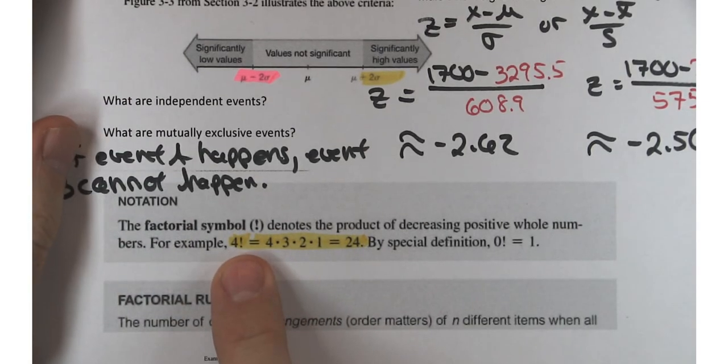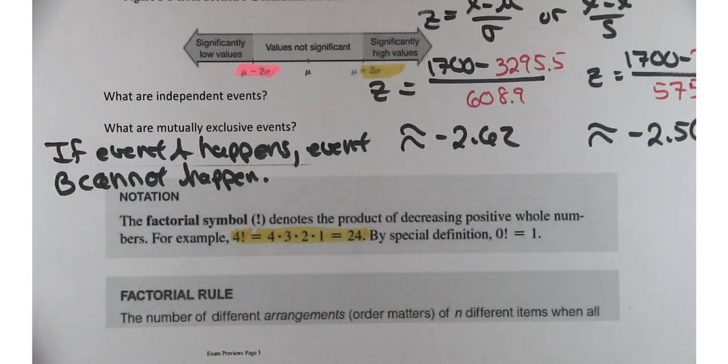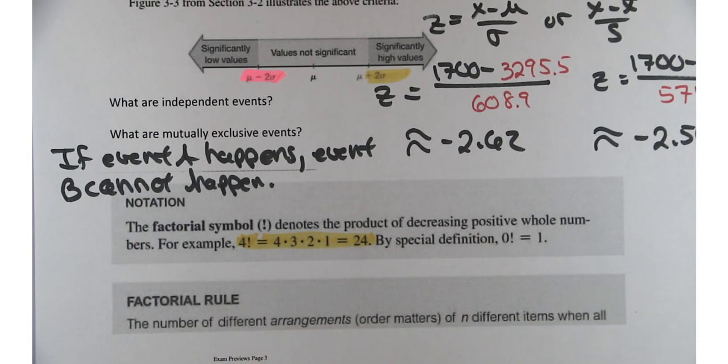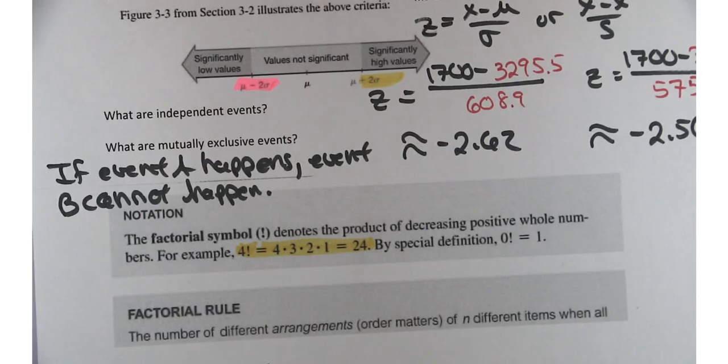So 4 factorial is how many ways I can arrange 4 objects, 5 factorial, and so on. It is a true thing that I can show you if you take me for Calc 2, that 0 factorial does equal 1. You can try it on your calculator if you'd like.